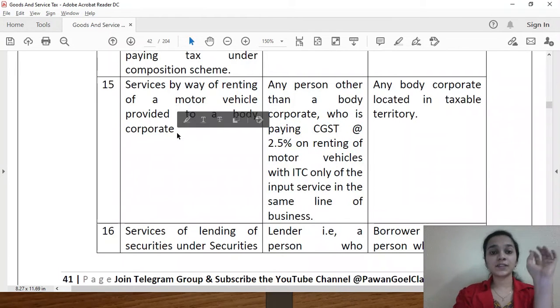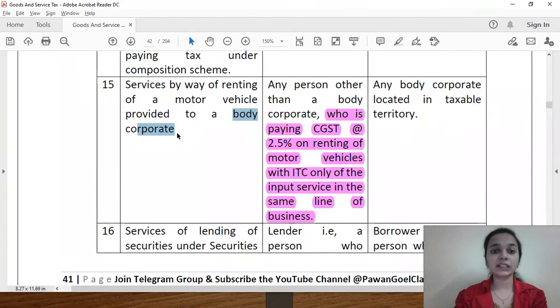So service of renting of motor vehicle is being provided to a body corporate, and who is the supplier here? The supplier here is a person other than a body corporate. So please understand that the recipient here is a body corporate and supplier here is a person other than a body corporate. And apart from that, there is something which I've highlighted here and which we'll look at right now.